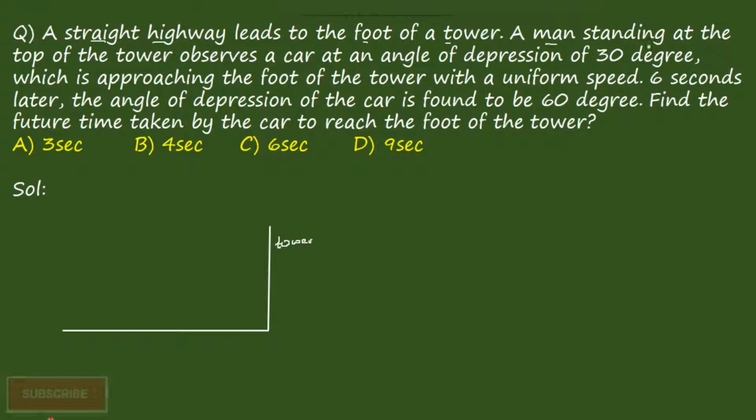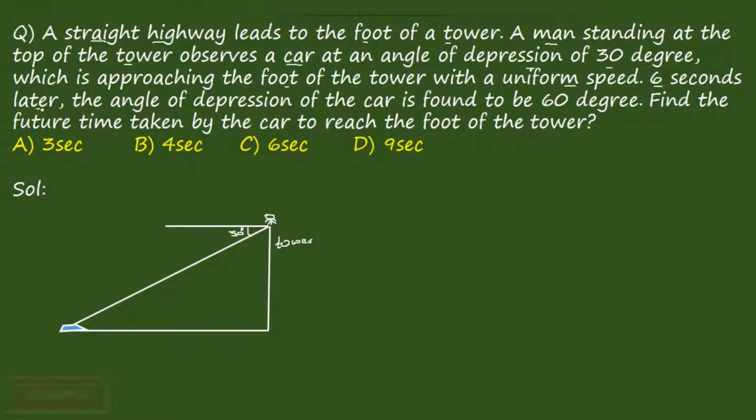Again it's saying the man is standing at the top of the tower. He observes a car at the angle of depression of 30 degrees, which is approaching the foot of the tower. The car is moving to the tower with uniform speed.